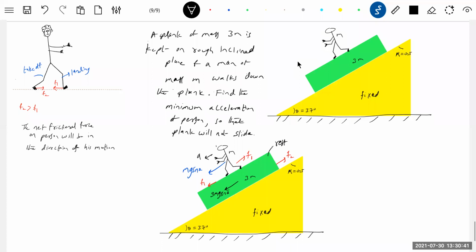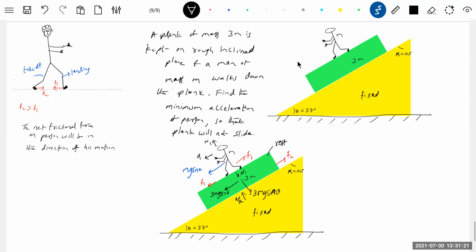Now what about the normal contact? This will be N1. Let's write it, 3mg sine theta. This is N2.